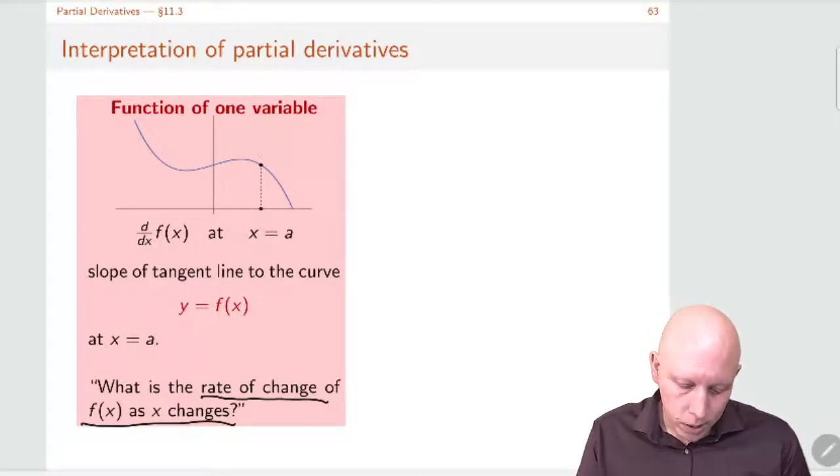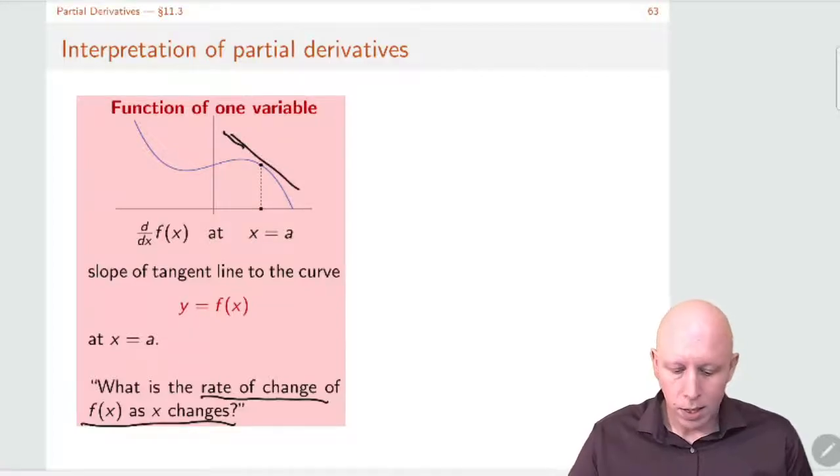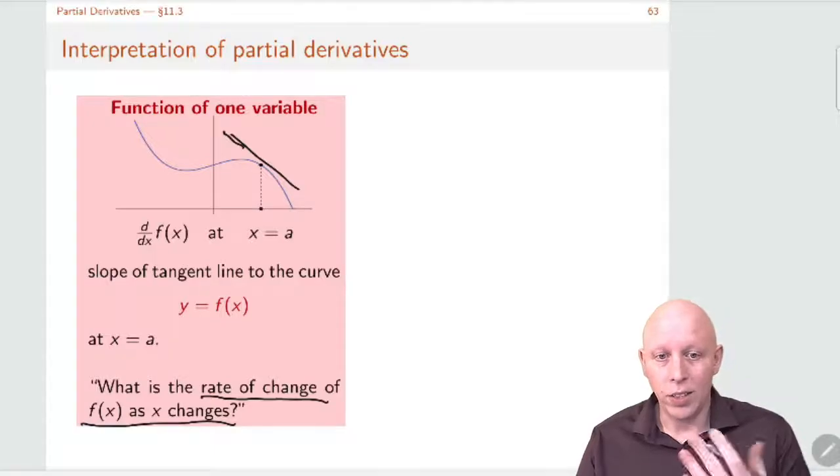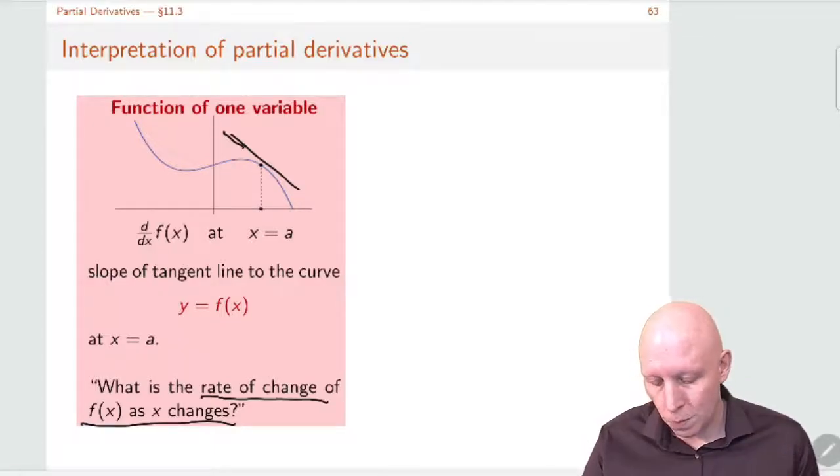So in this example, maybe this is the number of widgets being produced, then what this slope here is saying is the rate of change of the net number of widgets being produced is decreasing at this point. We can calculate how much that is.